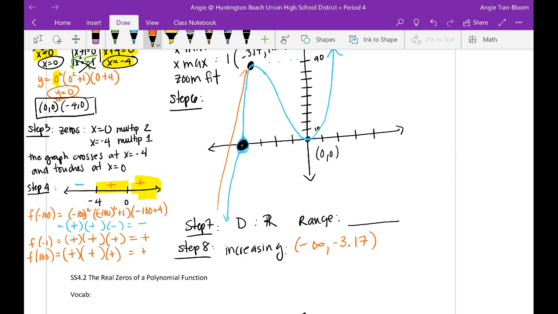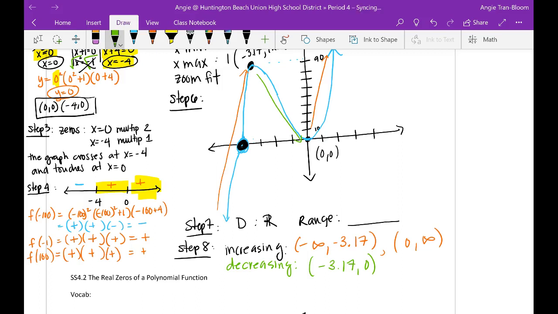And then it also increases from here to there. So also from 0 to infinity. So those are the two increasing places. When is it decreasing? It starts there and it ends here, okay? So decreasing is from negative 3.17 all the way to 0. And I believe that's the end of all 8 steps.